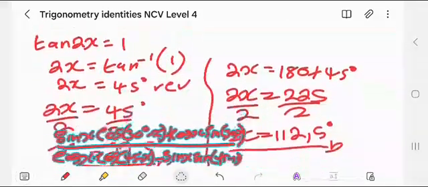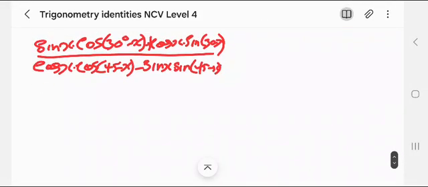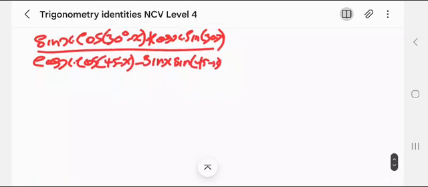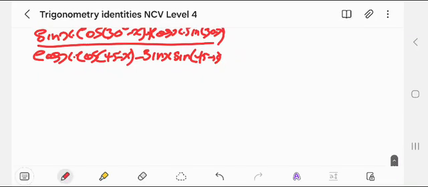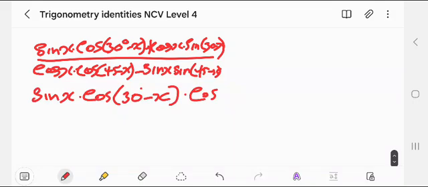I can rewrite this. Question 2 is to simplify the expression without using a calculator. So let me write it accurately. We were given sine x multiplied by cos of 30 minus x, plus cos x multiplied by sine of 30 minus x.